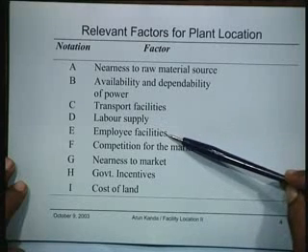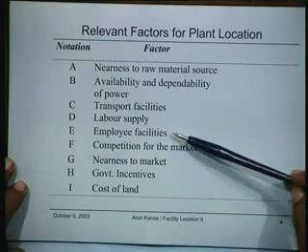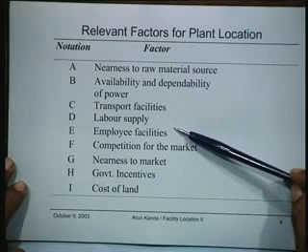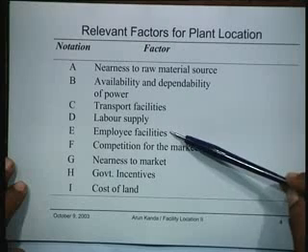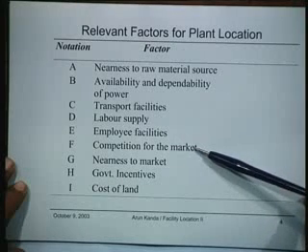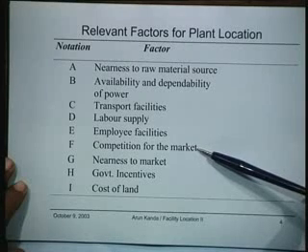Employee facilities, the kinds of facilities that employees will have in terms of shopping, recreation, schools, etc., was considered to be a factor in the beginning. Competition for the market was considered to be another major factor, because if there were already a large number of manufacturers of straw board in that particular area, it would be difficult to sell your product. So the lesser the competition for the market, the better it was.